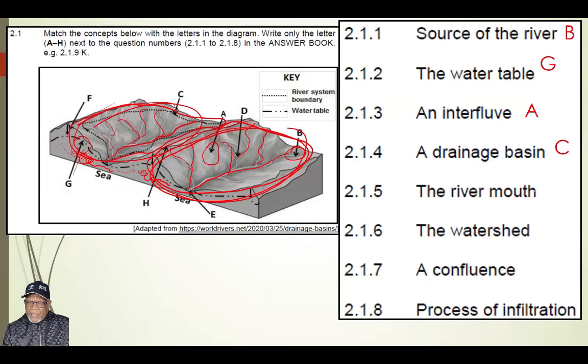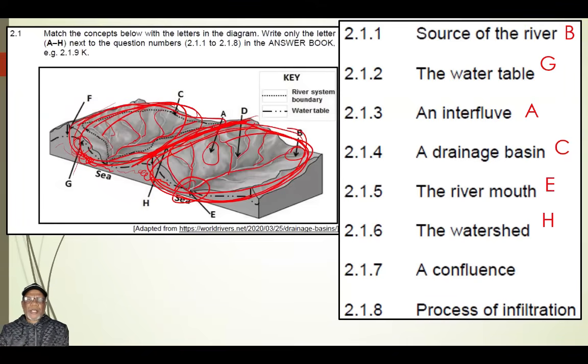Then the river mouth. Where is the river mouth? The river mouth is at E, where the river flows into the sea. Where the river flows into the sea, we call that point a river mouth. Then we have a watershed. There is your watershed there. We have a drainage basin this side, another drainage basin this side. They are separated by a watershed.